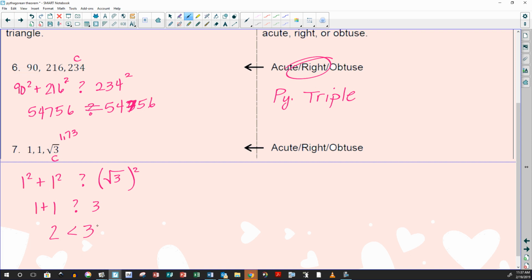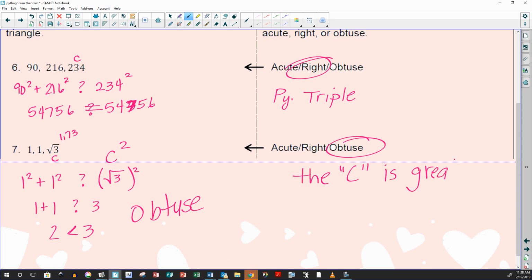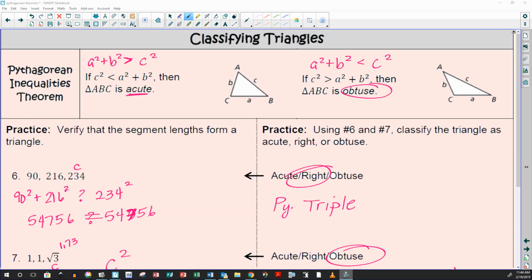So since this is your C squared, it's the bigger side, then this is obtuse. It is obtuse because the C squared is greater.